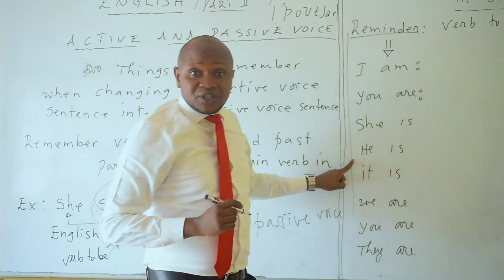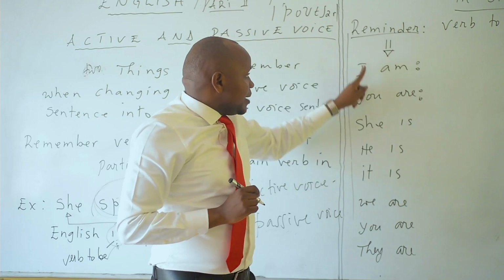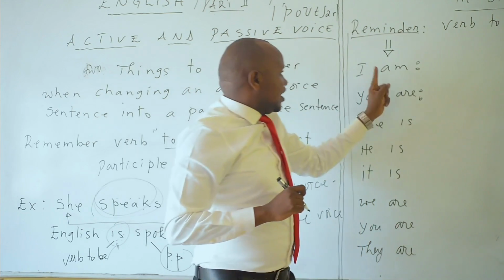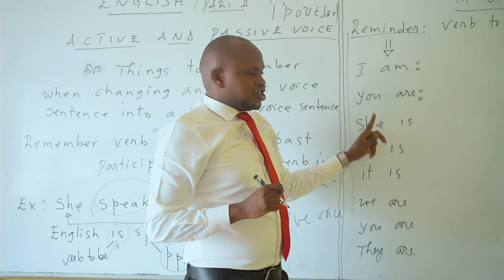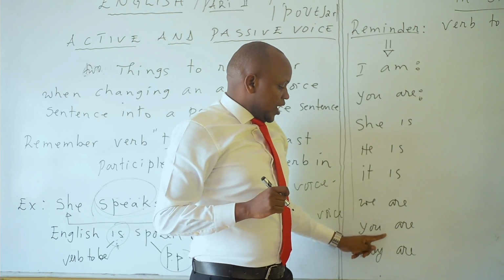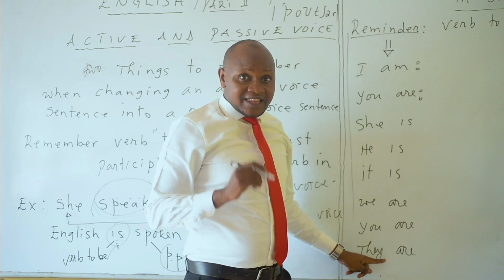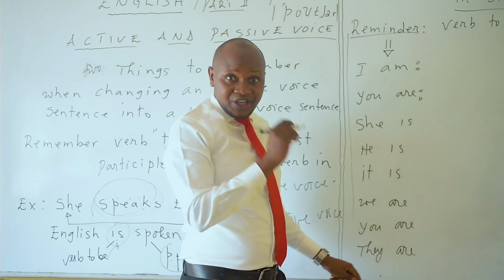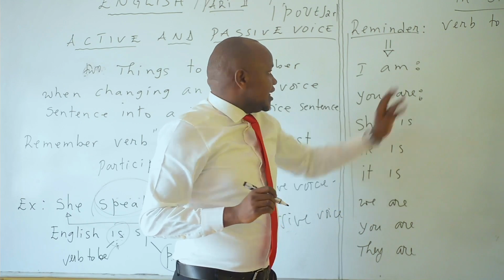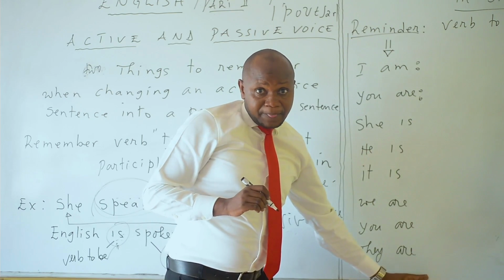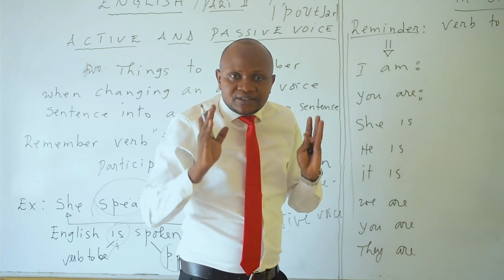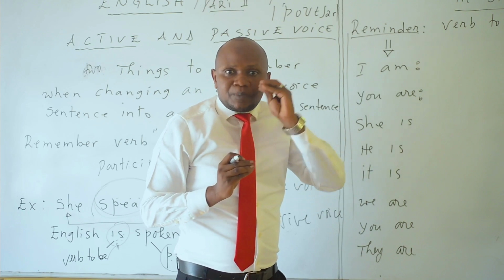Niba ushaka kuyikora muri simple present, you should remember verb to be in simple present, please. I am, you are, she is, he is, it is, we are, you are, they are. I think this is not the first time to hear that or to see this here on Pan Edutainment. This is verb to be in simple present. Igiye kudufasha gukora interuro zose turi buvuge muri active ziri muri simple present.